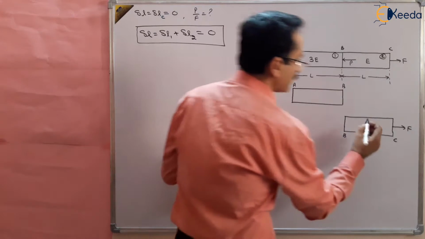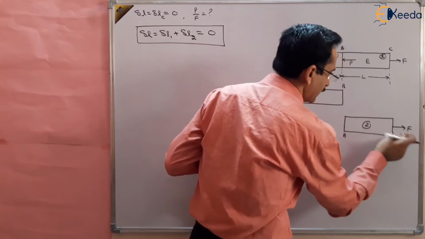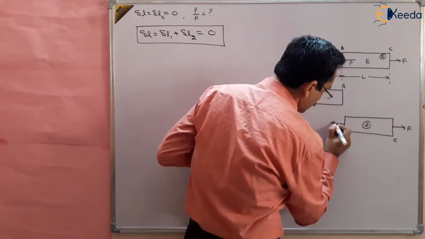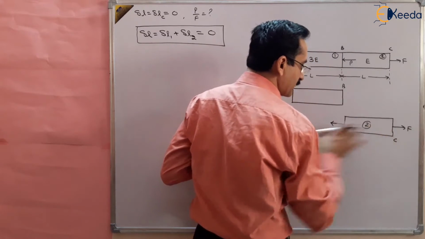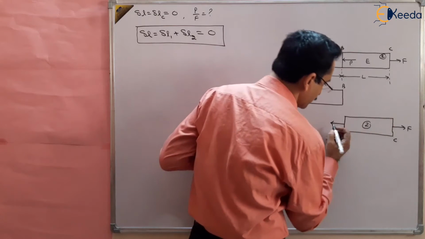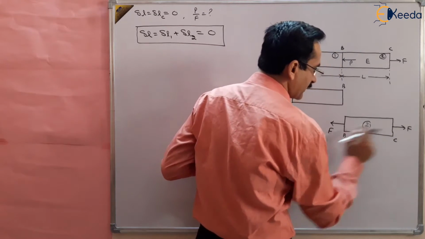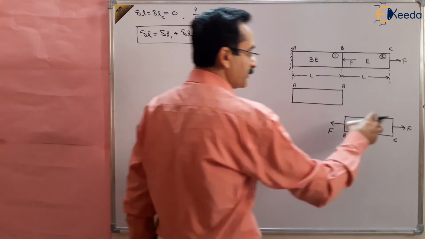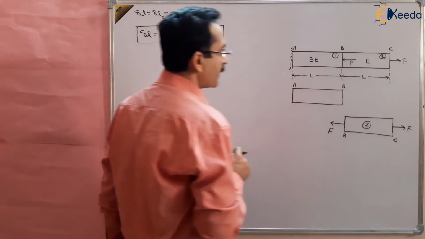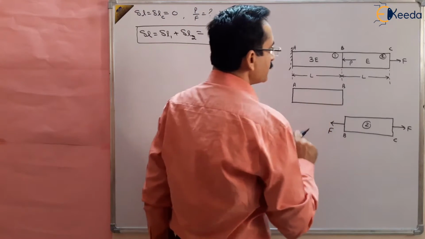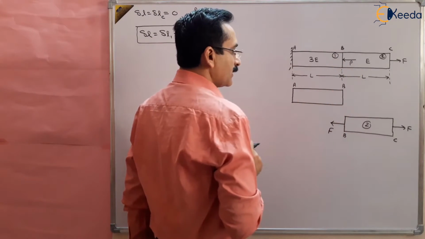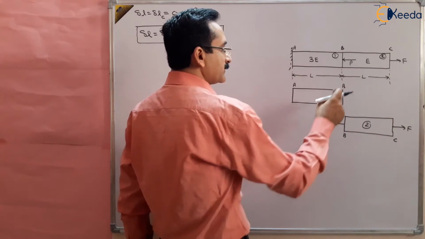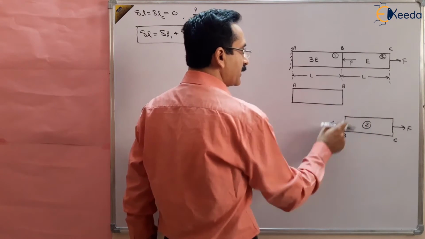And the body is in static equilibrium. It means that the rightward force should be equal to the leftward force, so that the total force in the horizontal direction should be equal to 0. So this F and this F should be equal but opposite to each other, so that the body BC may be in static equilibrium. Now at point B, the total force is P. F we have already applied. So what force should be applied so that the sum of these two forces is equal to P?